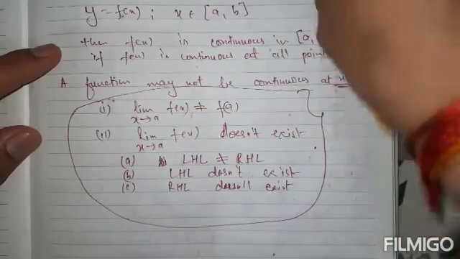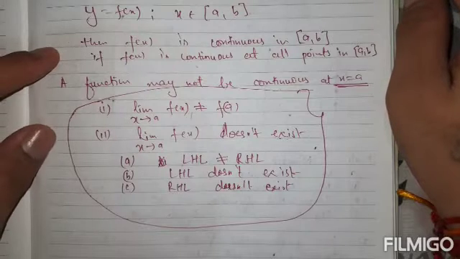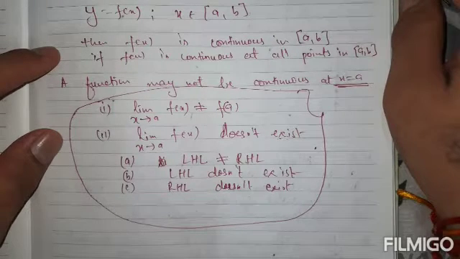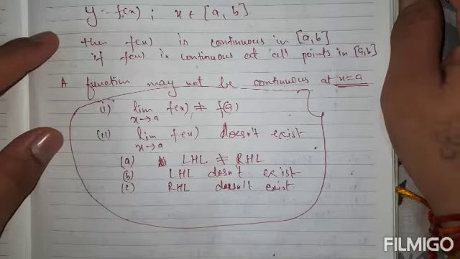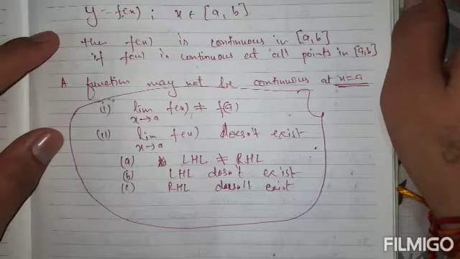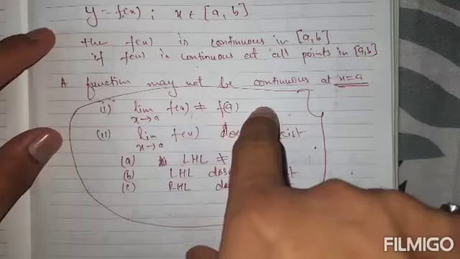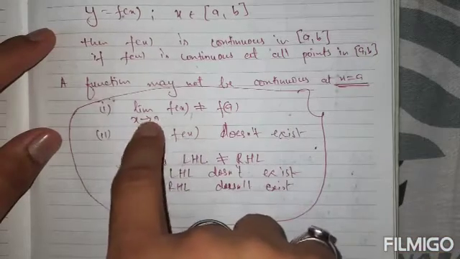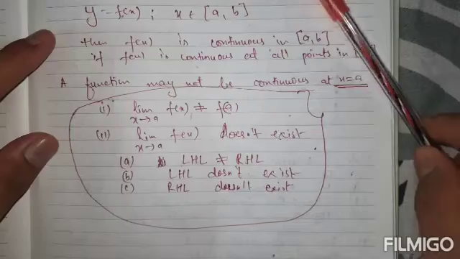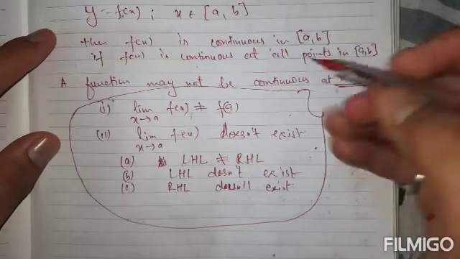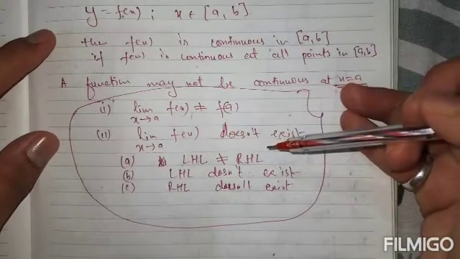The second thing: if you find the limit of the function and it does not exist, then the function is not continuous. Because if the limit does not exist, then although f(a) exists, f(a) and the limit cannot be equal. So this is the second thing we can apply here. If the limit does not exist, then the function is not continuous.